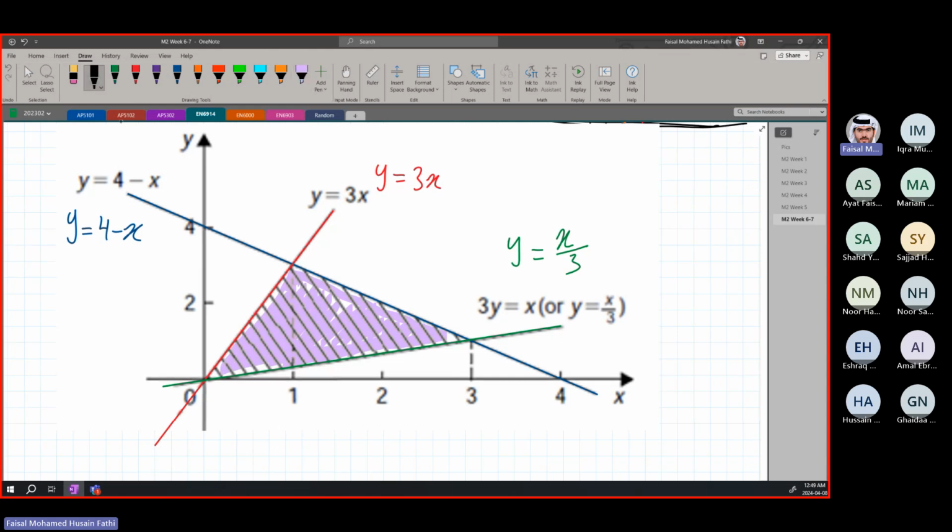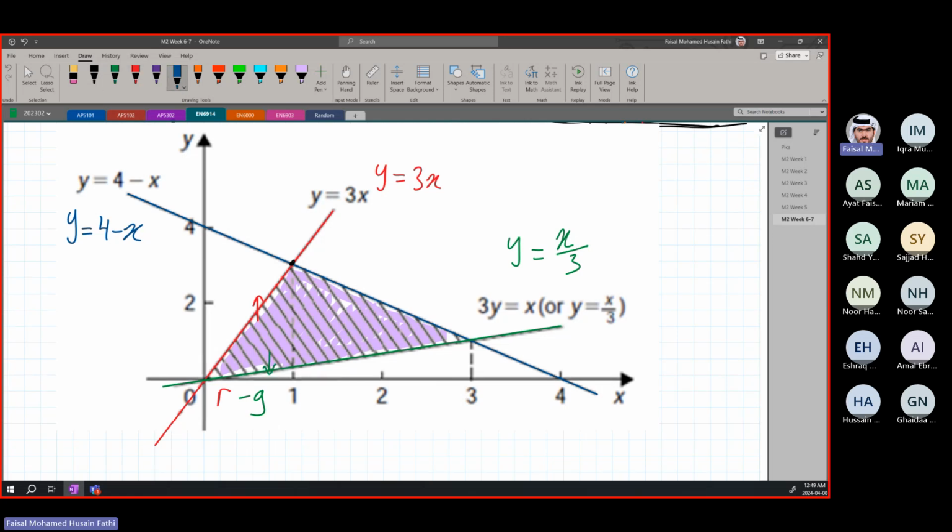So first, from 0 to 1, if you notice, what is the top part here? The top part is the red line, right? So it will be red, the top, minus green, from 0 to 1. All right, let me write it at the bottom actually. So from 0 to 1 it's red minus green, because what's at the top? Red is at the top and green is at the bottom.